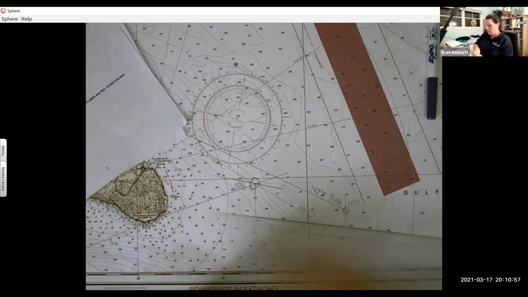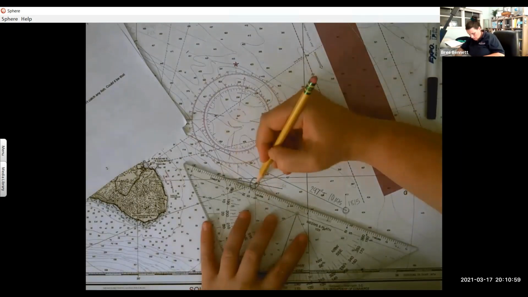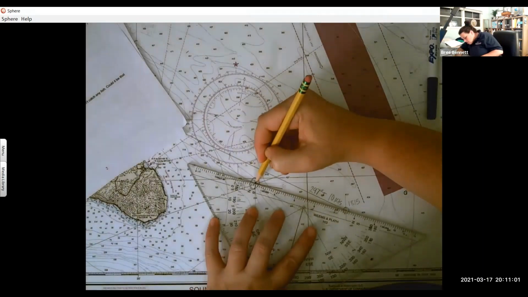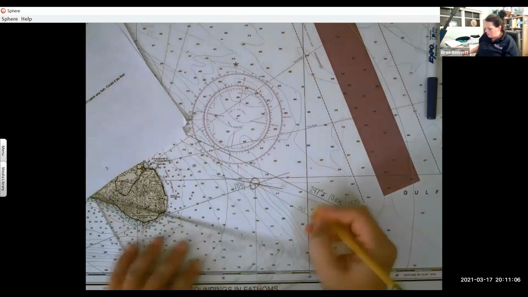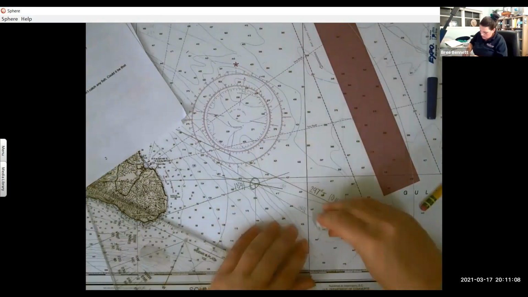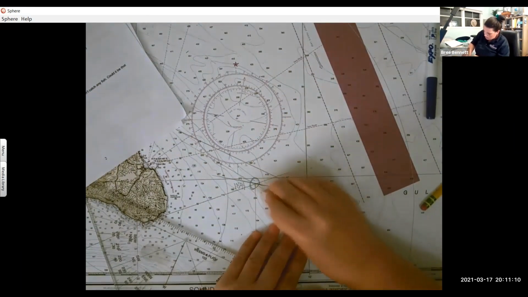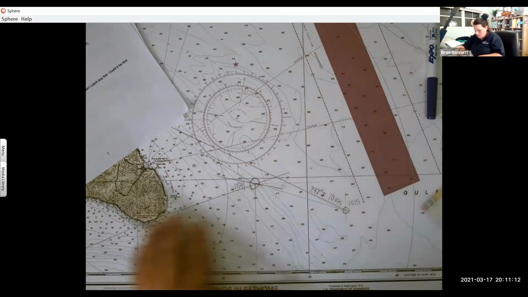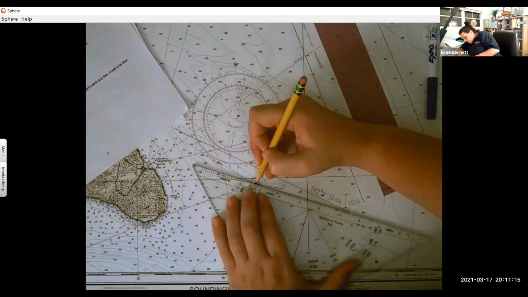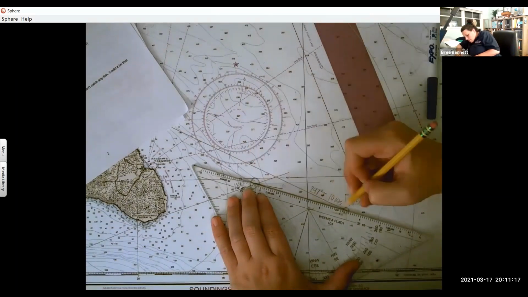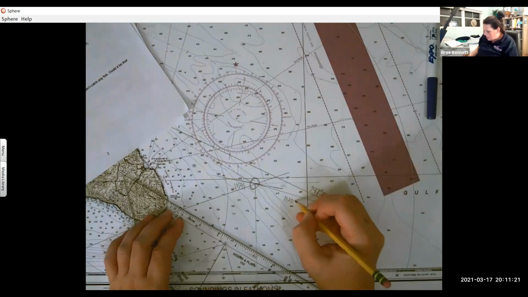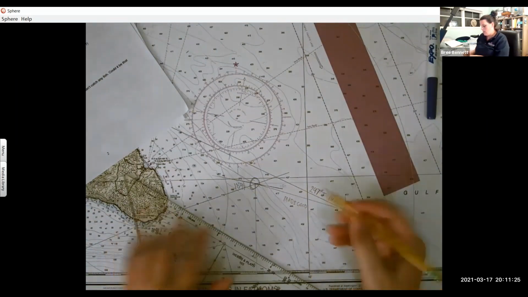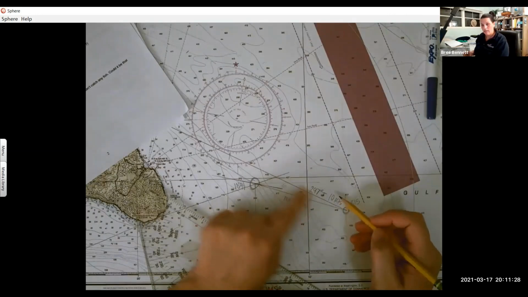So if I connect this, let me erase this line, shorten that up. This is my made good. This is my boat line.